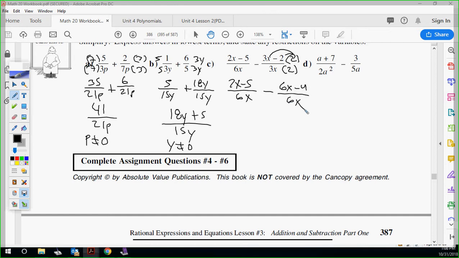So 2x minus 6x, negative 4x. Negative 5 minus a negative 4 means plus 4, so negative 1 all over 6x. So in this case, still, x can't be 0 for your non-permissible. That's all so far.